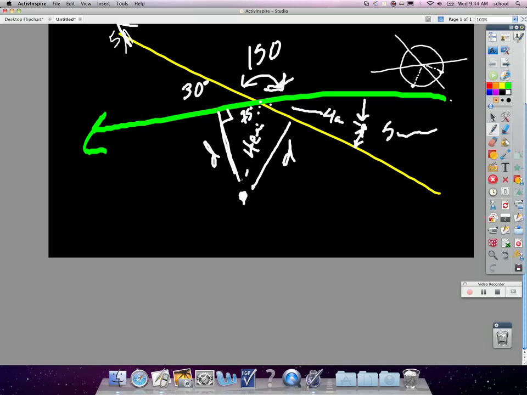So d is equal to 4 centimeters times the sine of 75 degrees. And what does that give us? Like 3 something, maybe. 3.86 centimeters, or of course 0.0386 meters. Questions on that one?